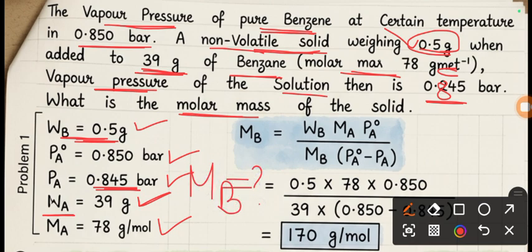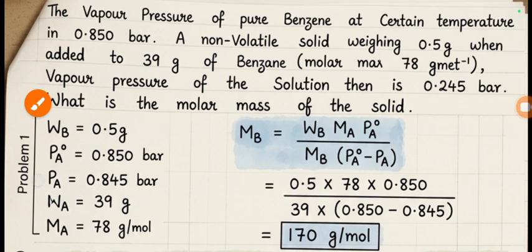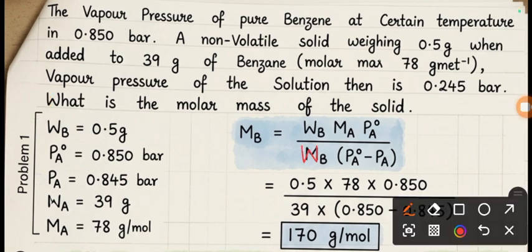We know the formula: molar mass of solute MB equals WB, mass of solute, times MA, molar mass of solvent, times P naught A, vapor pressure of pure solvent, divided by WA, mass of solvent, times P naught A minus Pa. Substituting, mass of solute is 0.5 gram, molar mass of solvent 78, P naught A 0.850, mass of solvent 39 gram, and Pa 0.845.